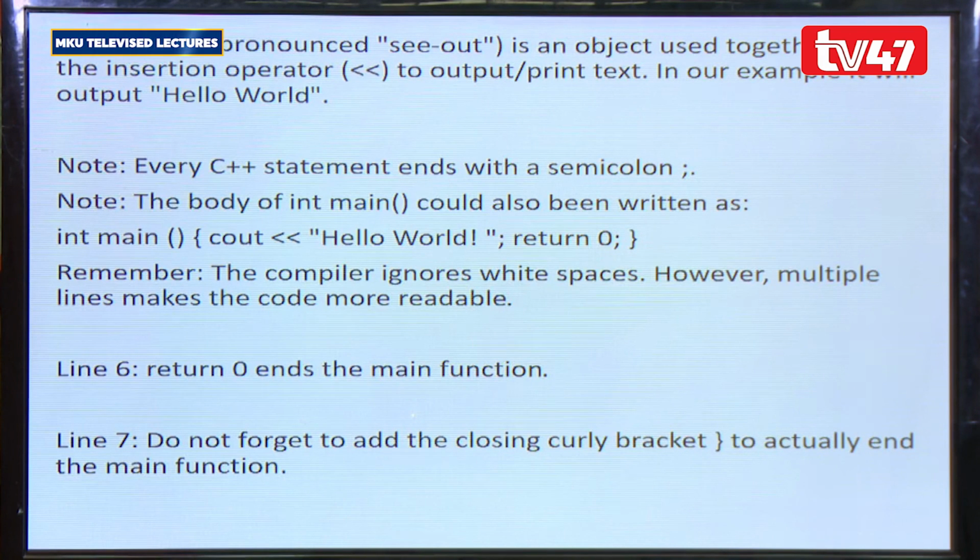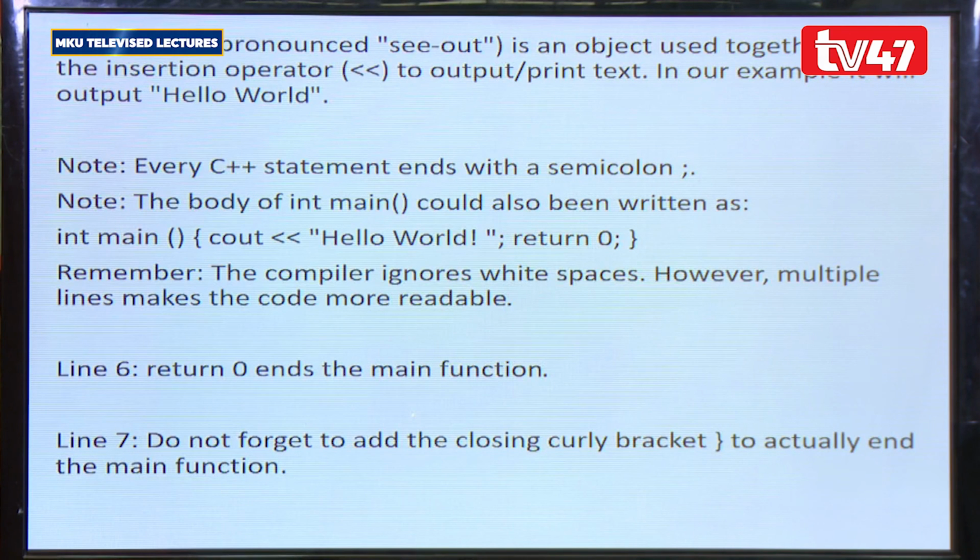And of course, the body, the int main, could also be written as we are showing there. You can write the body so that you will be able to output hello world. And it is good to remember that the compiler will ignore white space. When you have multiple lines, that will make the code more readable.